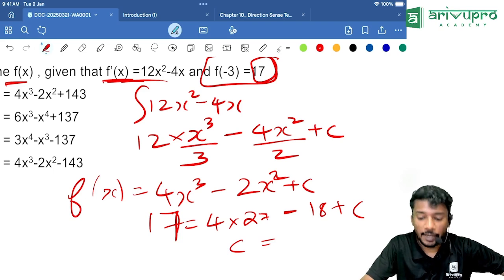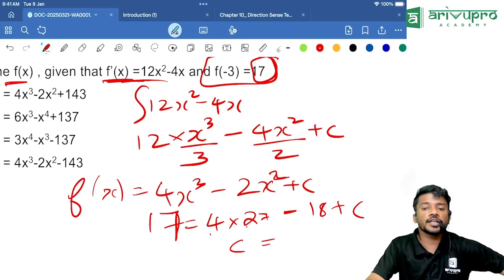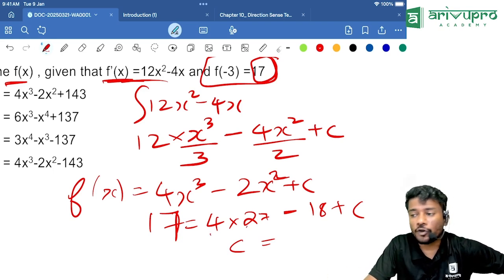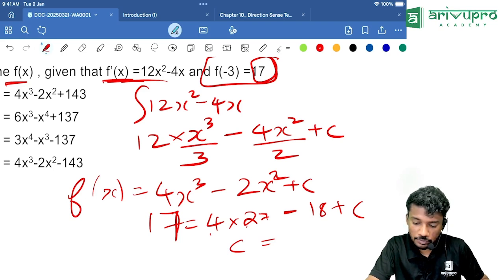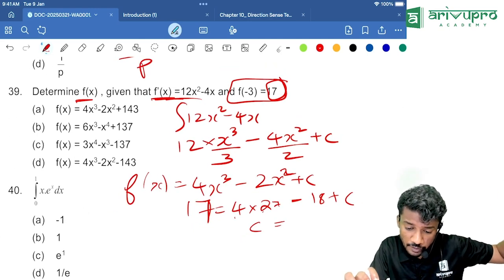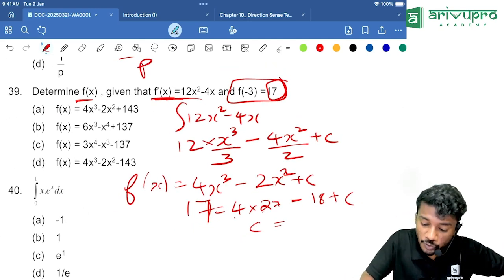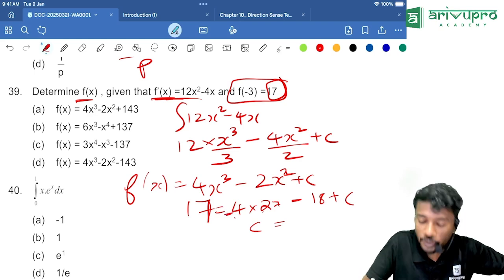Minus 143, yes. 4 into 27 is some value. Take the calculator. 4 into 27 minus 18. You are getting 73? Did we go wrong anywhere? Oh, it is minus 3, right? So it will be minus 4 into 27.